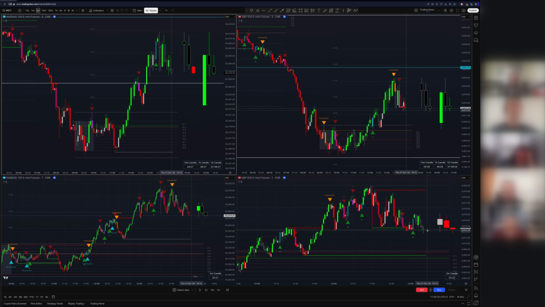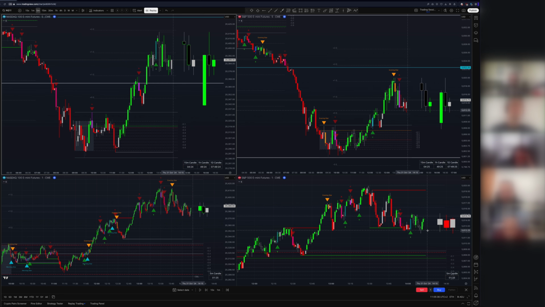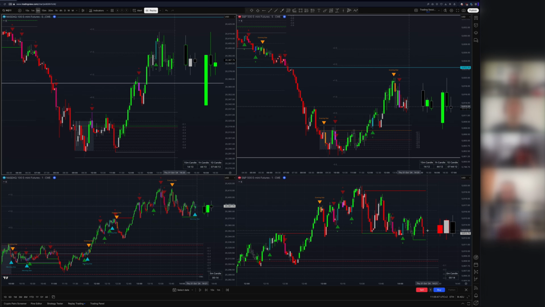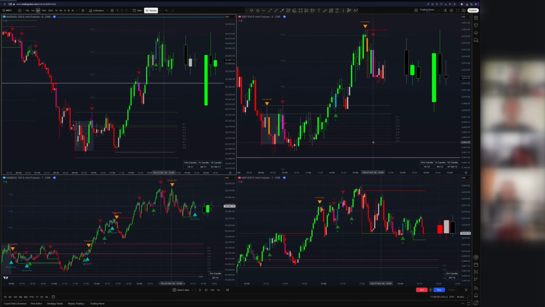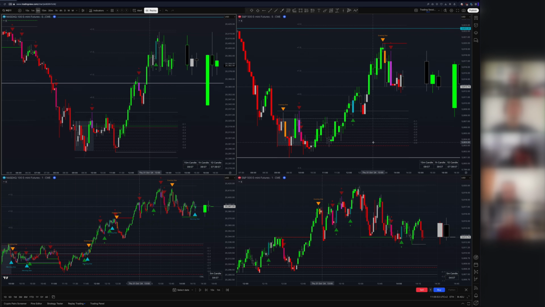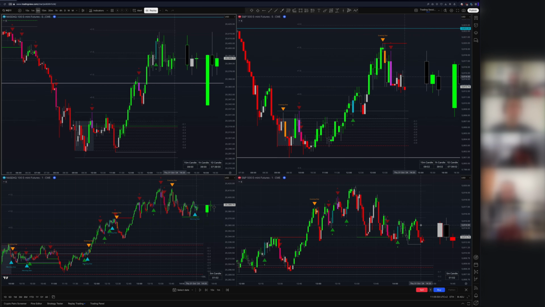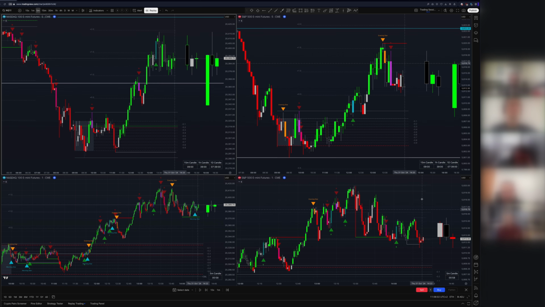I think the volatility died down after the news event. So several sweeps, but we never really went to the upside. Little sweep here as well.